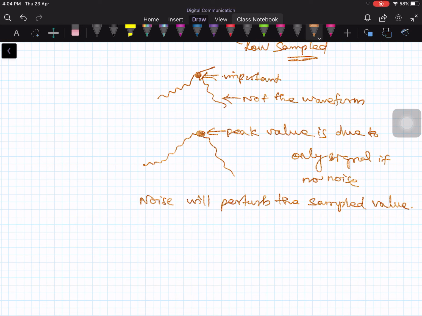So basically what we like to do is design a filter such that the signal contribution becomes as large as possible and the noise contribution is as small as possible. That's how we choose g of t. What is g of t? g of t is the impulse response.